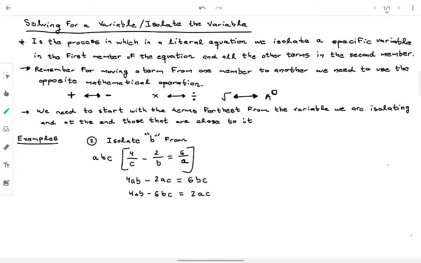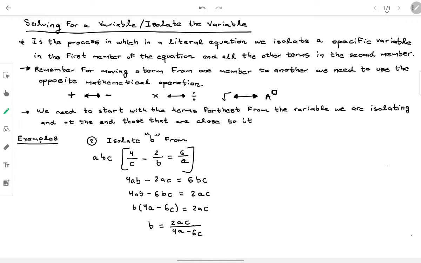Next, we can take out the B, and it's going to be B times (4A minus 6C) equals 2AC. So B is multiplying the parentheses, so we can send the parentheses to the other side as a division. So it's going to be 4A minus 6C.